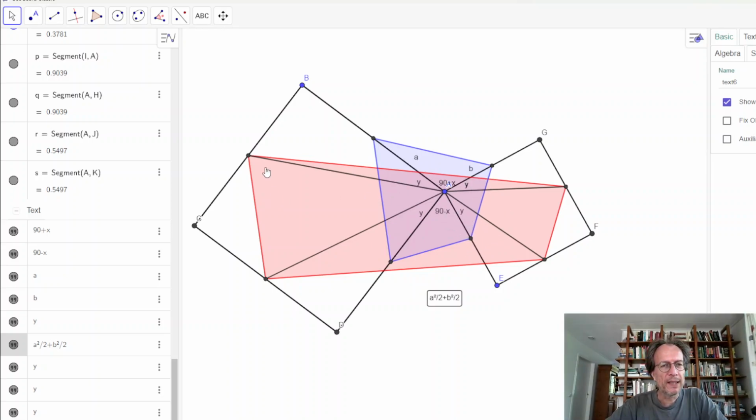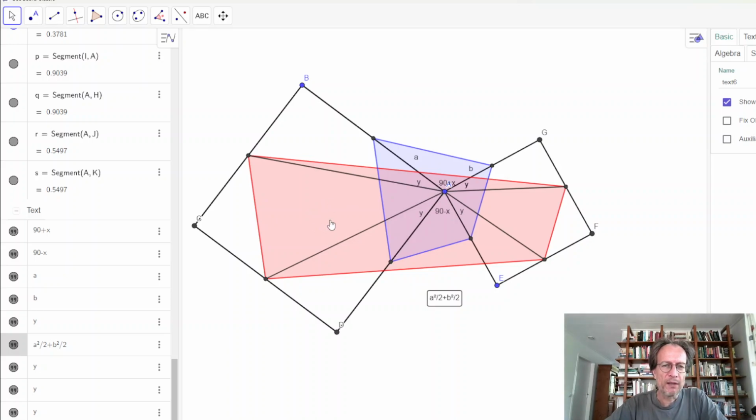Now if I look at the red triangles, this one, you can see that they have the same base as that one, and the height is exactly 3 times the height of this one. You can easily find out that this height is 1/3 of this one.